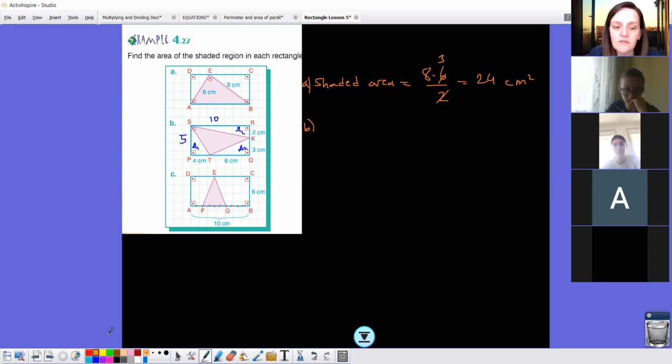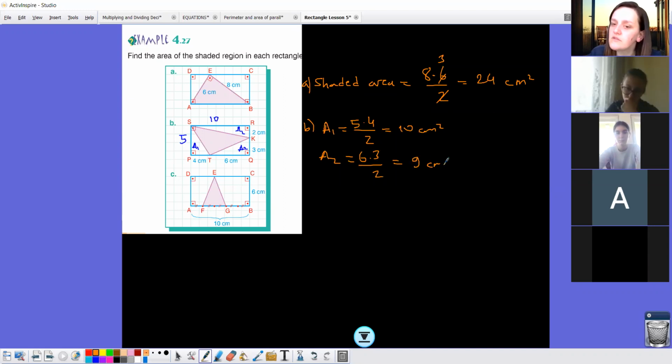So A1 will be 5 times 4 over 2, which is 10 centimeters squared. A2 will be 6 times 3 over 2, which is 9 centimeters squared.